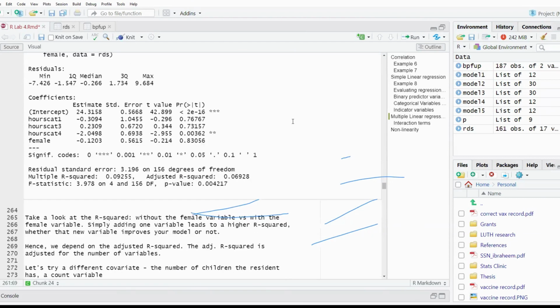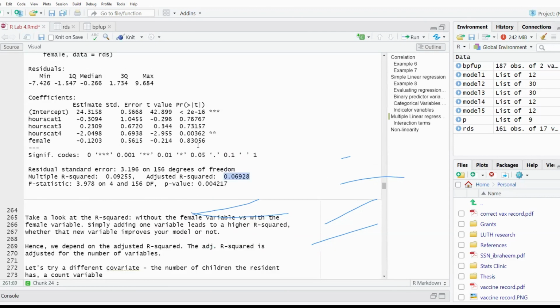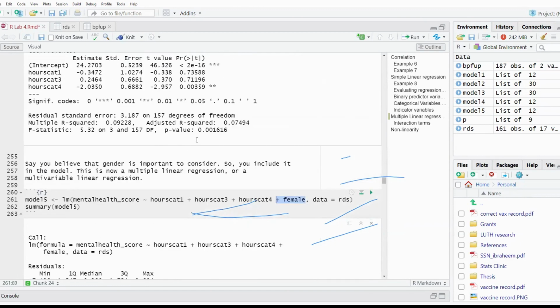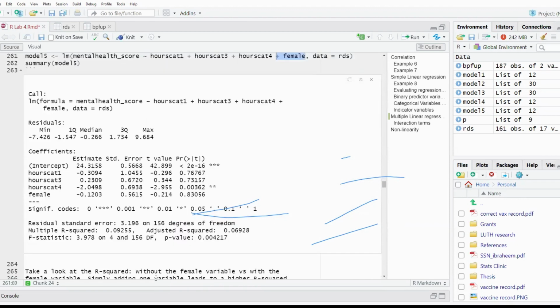The other thing I wanted to point out to you is the R squared. Look at this R squared. If you look at the R squared in the first model, it was 0.0794. This one is 0.0928. When you add a variable to it, it increases slightly, because every time you add a new variable, the R squared increases.